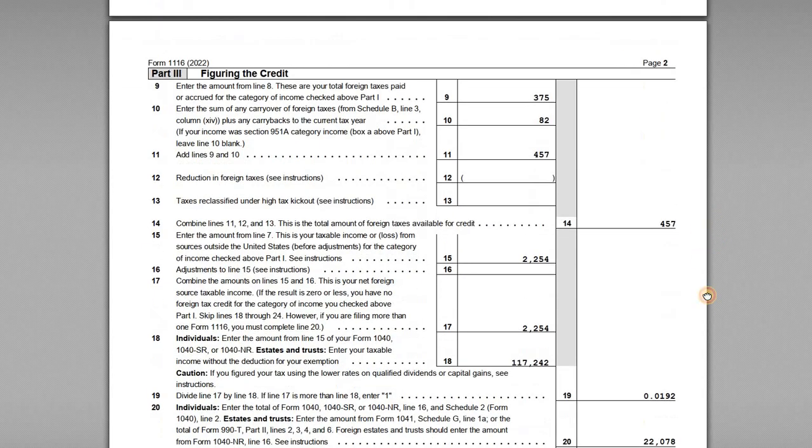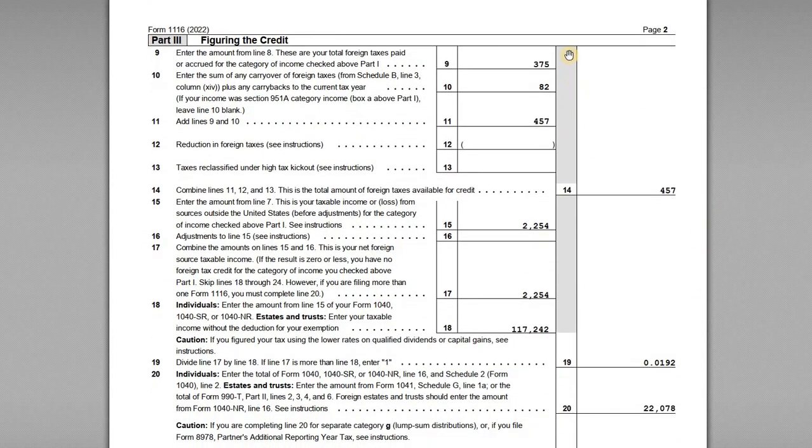And so moving on to part 3, figuring the credit, the current year amount is $375. Now the carryover amount, line 10, $82. On line 10, we report the total amount that's being carried forward from the prior years before we start applying those credits to the current period.